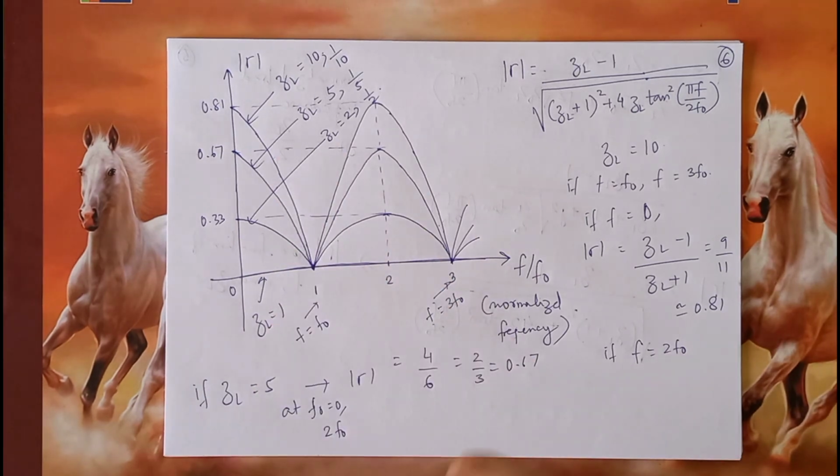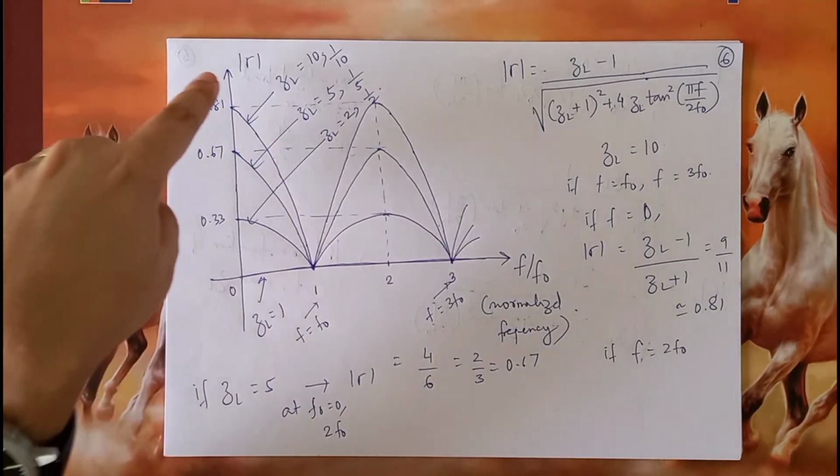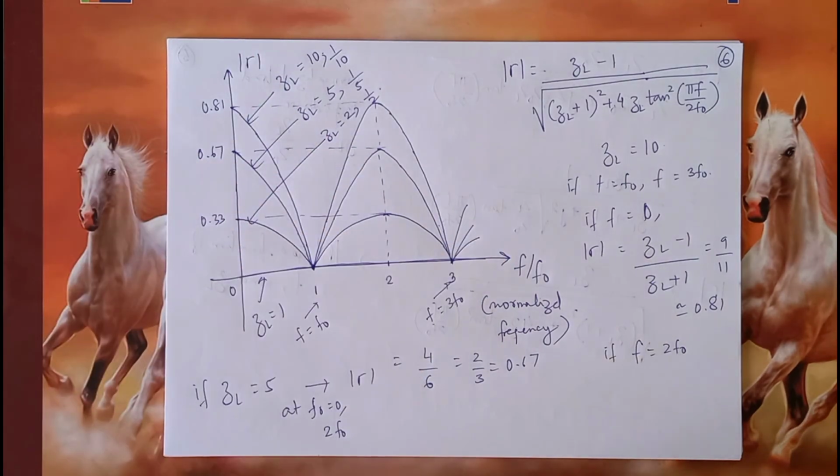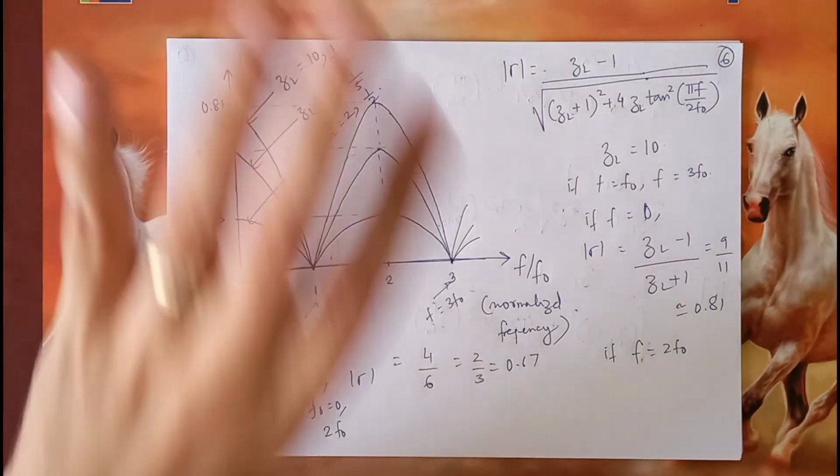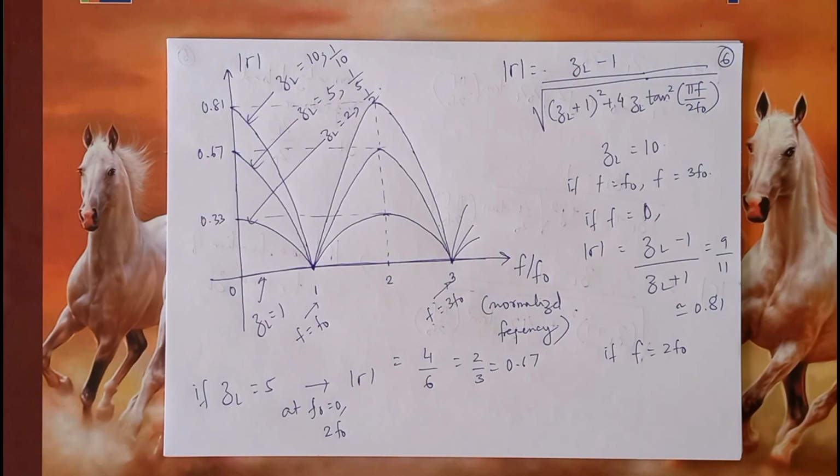And thereafter, we actually found out the frequency response of the quarter wave transformer. That is, we plotted the magnitude of its reflection coefficient as a function of frequency, and we saw some very interesting properties. So we shall continue this discussion on the frequency response of the QWT in the next lecture.